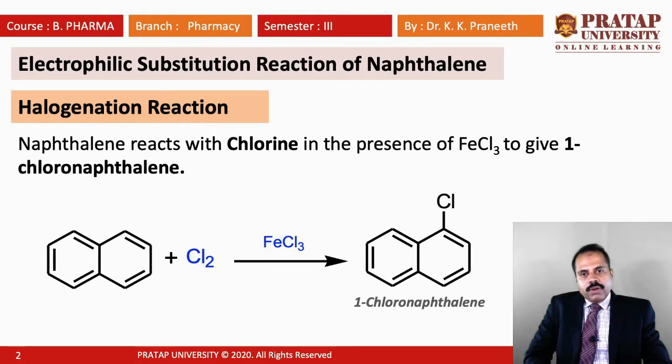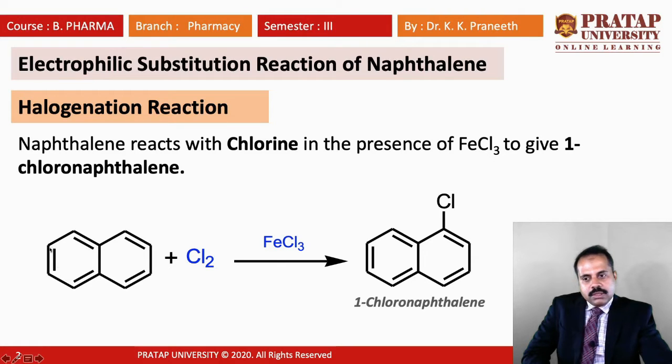Under the electrophilic substitution reaction, the electrophile is a positive species, and naphthalene, like benzene, has electrons. You can see here there are 5 double bonds, and each double bond is made of 2 electrons, so there are 10 pi electrons.